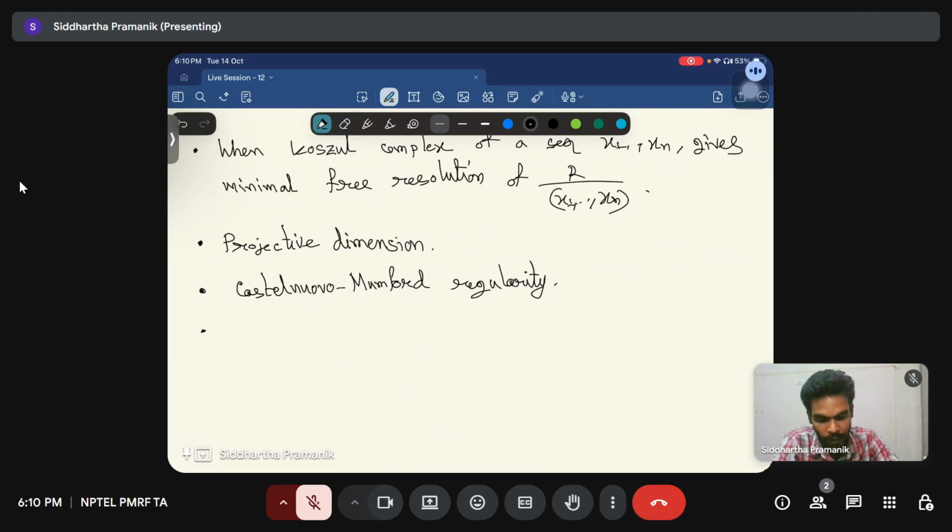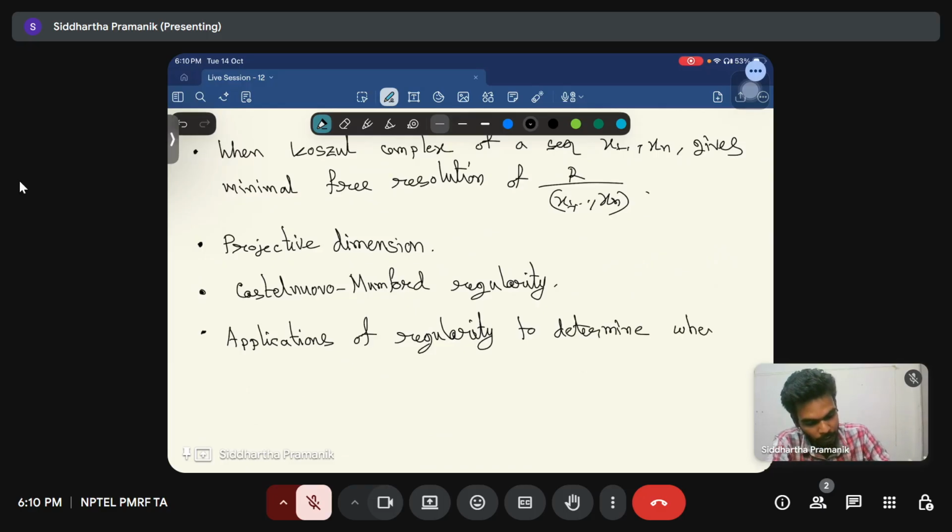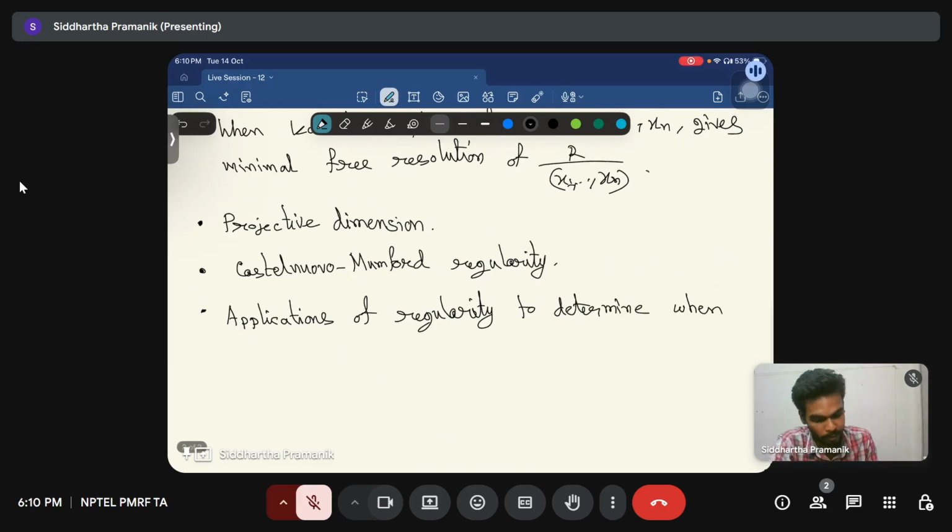That part can be determined using regularity.